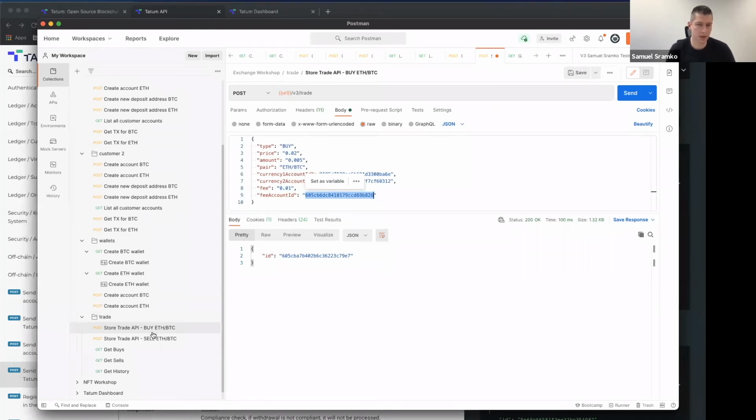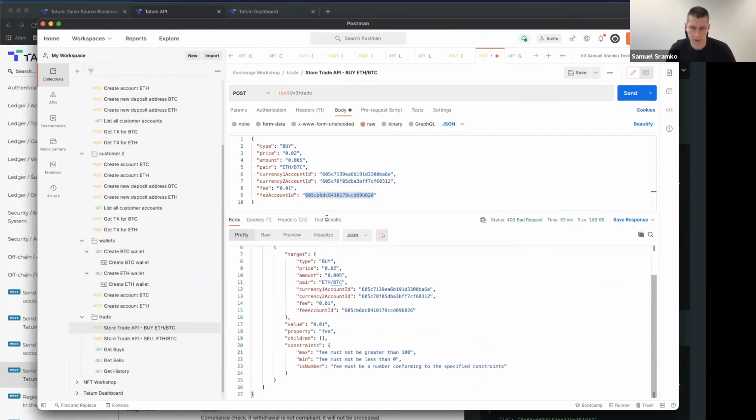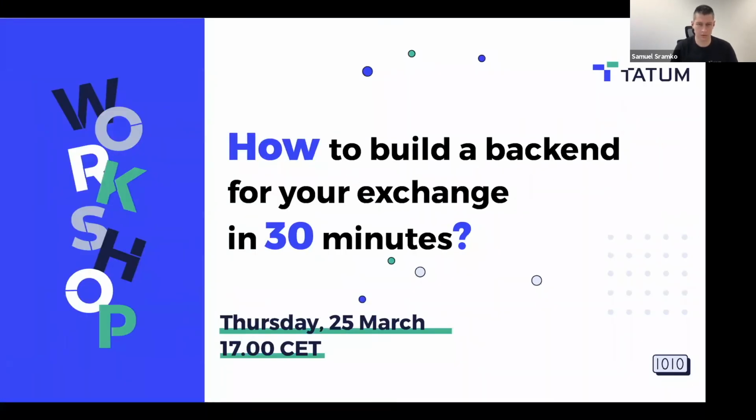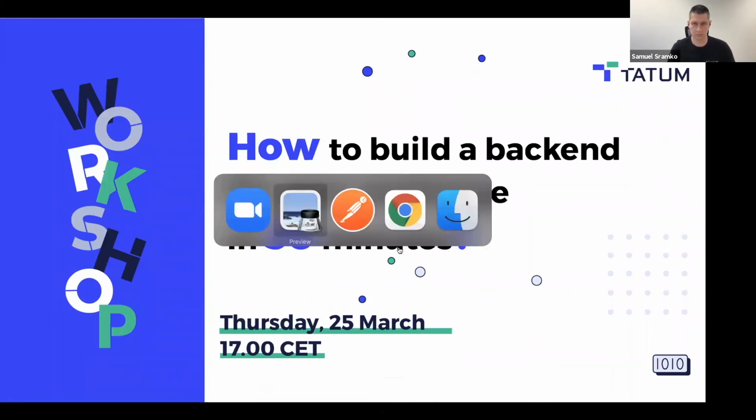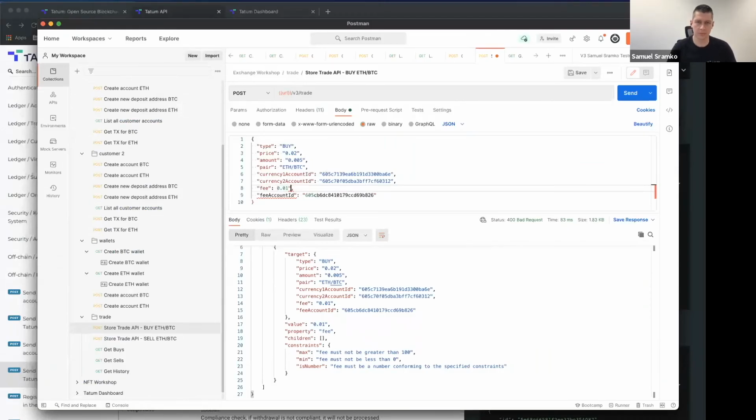So for every buy, you can add it to every sell. Okay, I think we have this one wrong. This should be a number, not a string. Sorry for that. Okay.